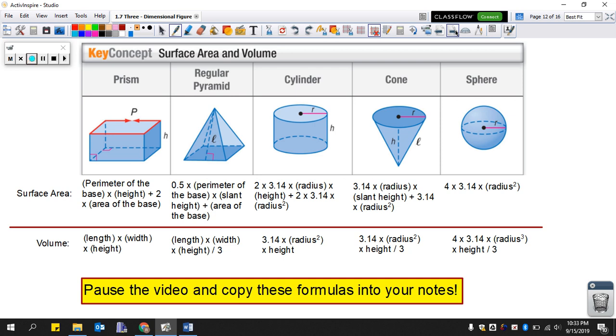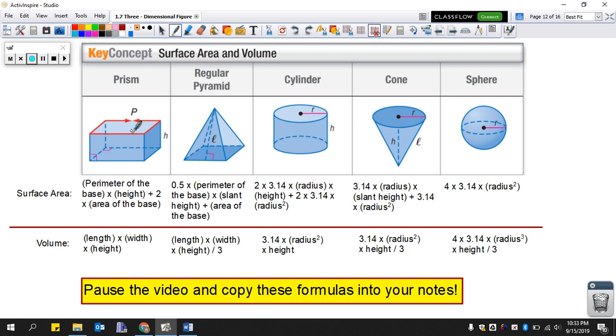Right. So surface area, you can tell that if we're doing a surface area, we have a rectangle on top, we have a rectangle on the bottom. We know that to find the area of a rectangle, we just take the length times the width. So we can take the length times the width of the top, the bottom, the right side, the left side, the front, and the back.